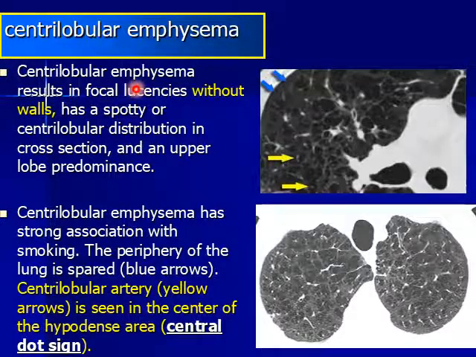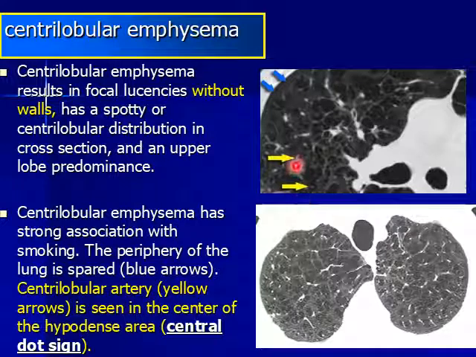Let us go to emphysema. Emphysema is subdivided into three types. The first one is called centrilobular emphysema. Centrilobular emphysema results in focal lucencies without walls to differentiate them from cysts, and has a dark spot or a bright spot in its center called the central dot sign.